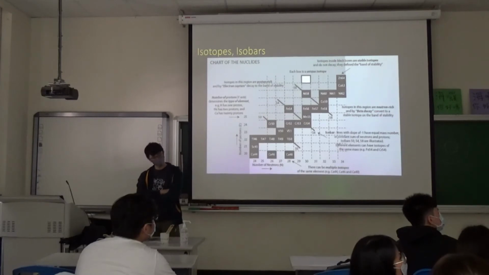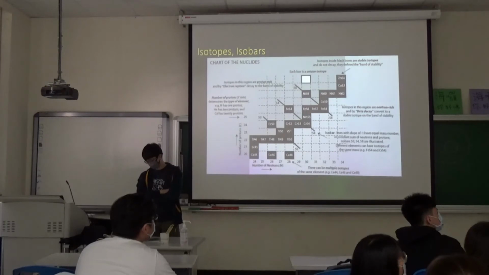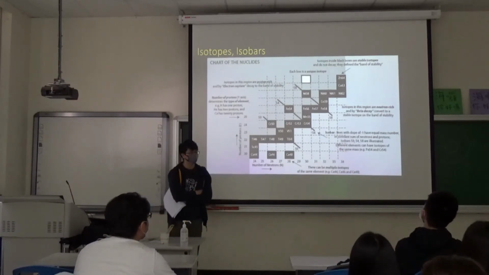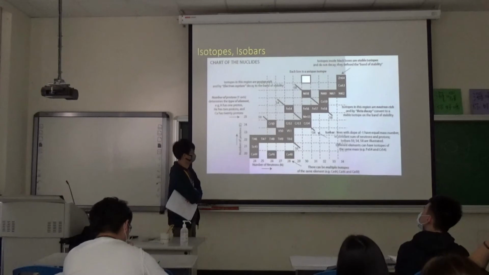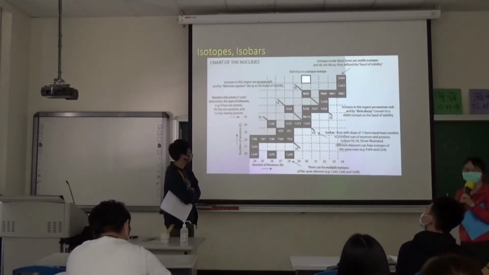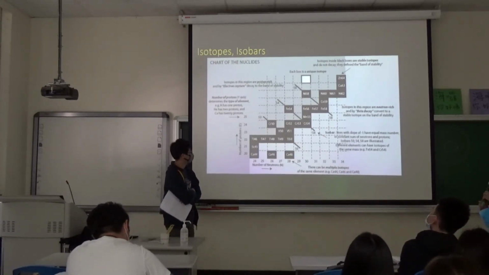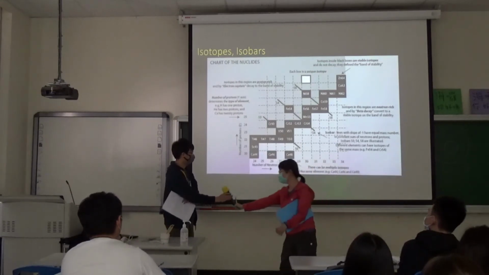Is that your question? Or what kind of element will undergo beta decay and what kind of element electron capture? No? Can happen both, both. Okay. Is there any element that can undergo both electron capture and beta decay? Okay, Ethan.